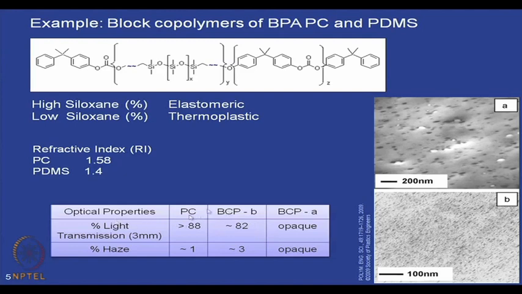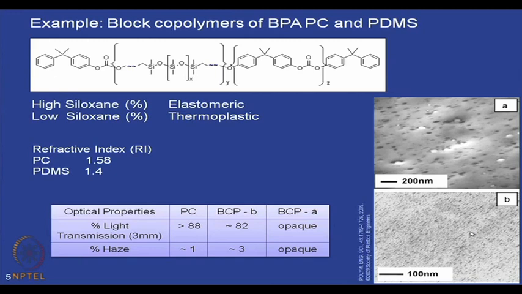So, if you look at the optical properties of polycarbonate, light transmission is more than 88% for this 3 mm thickness plaque, and haze is about 1%, whereas in block copolymer B, the domains have smaller sizes.